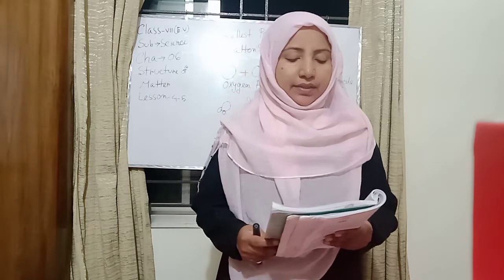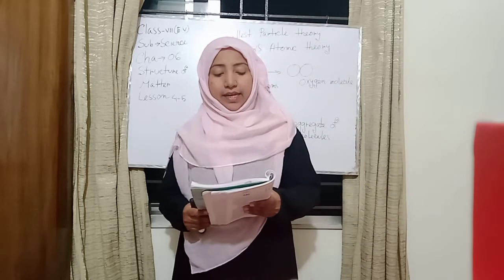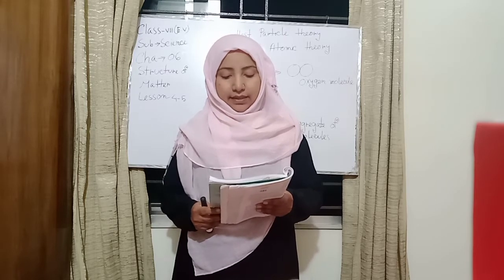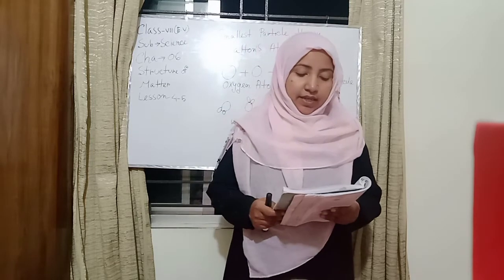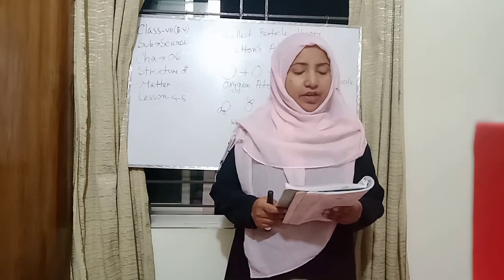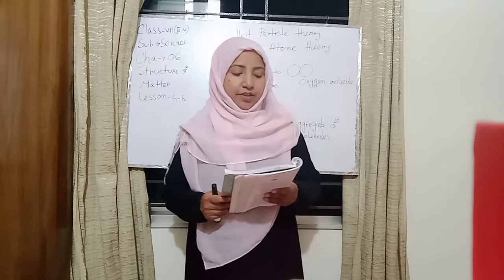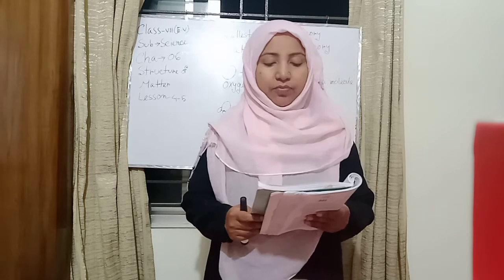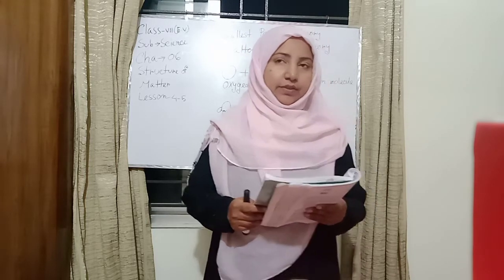In the previous lesson we have seen that if we continue breaking elements and compounds, they will turn into small particles. Over time, scientists and philosophers proposed different theories on these small particles. During 400 BC, the first theory on a small particle of matter was given by the Greek philosopher Democritus.